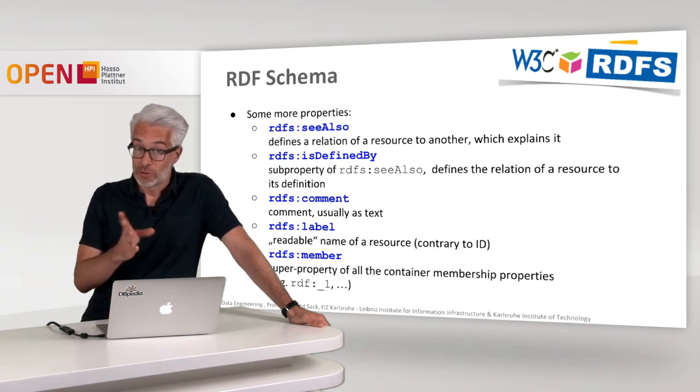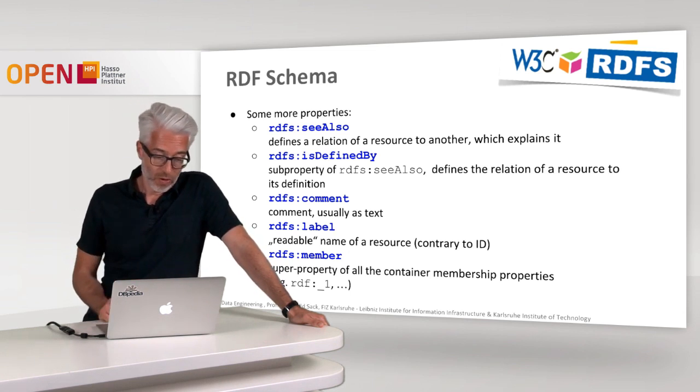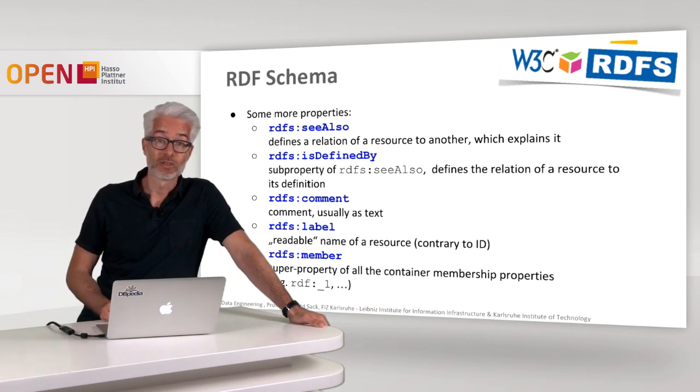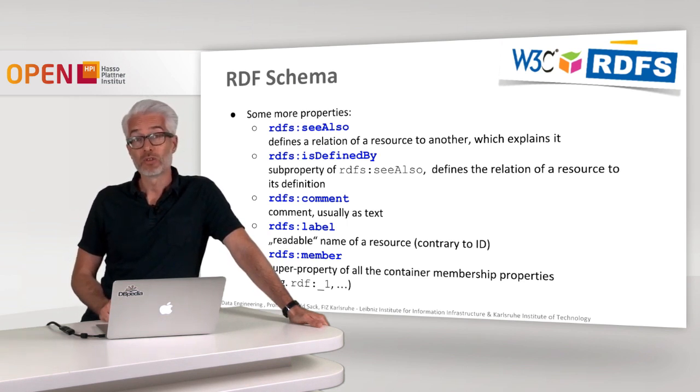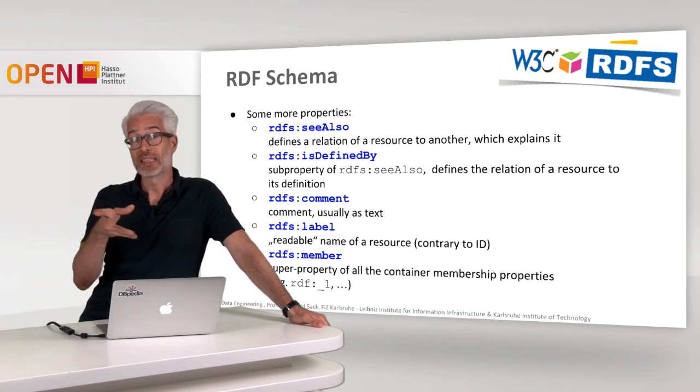Okay, there are a few more keywords left that are also available in RDF schema. One of them, for example, is RDFS seeAlso. This is a possibility to define a relation of a resource to another resource, and usually what we have here, of course, are keywords with fixed meaning.